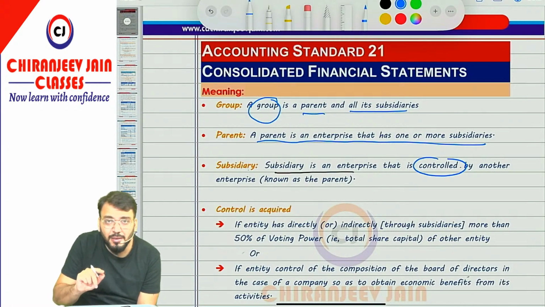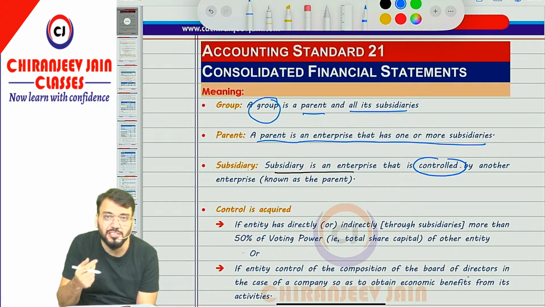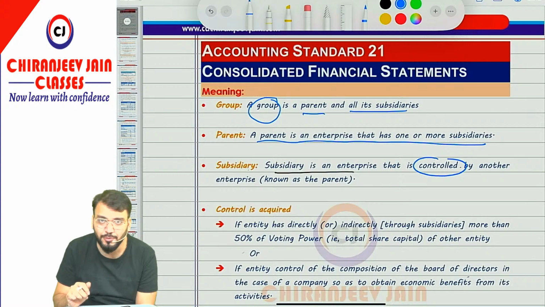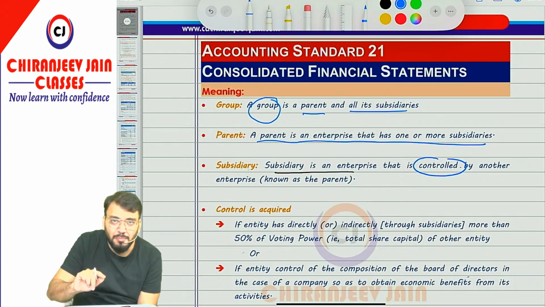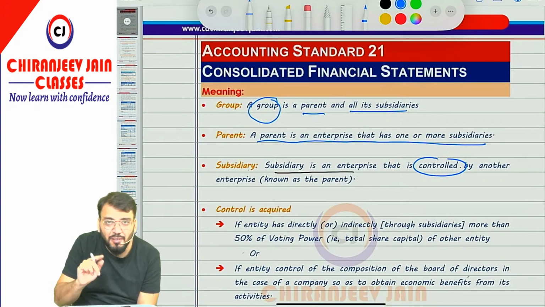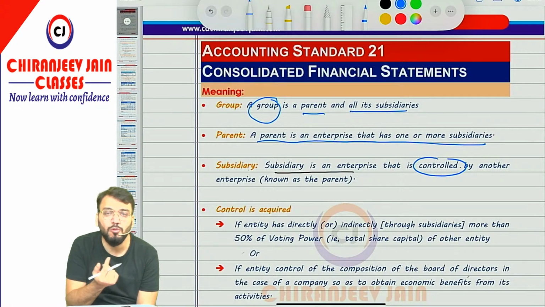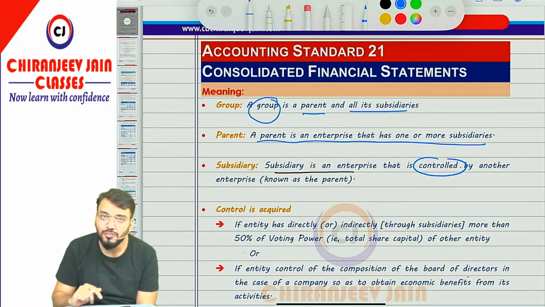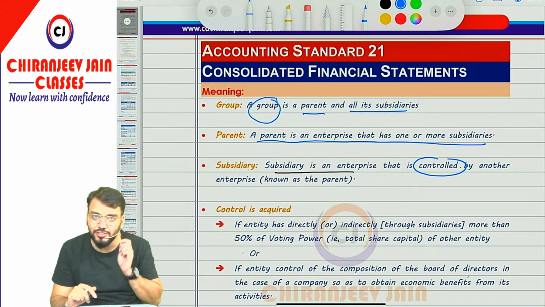When the parent company prepares its own, it is known as the standalone or separate financial statement, which is from only the parent company's point of view. And whenever the parent company prepares the financial statement from the group's point of view together, considering the entire group as a single entity, that is known as the consolidated financial statement.